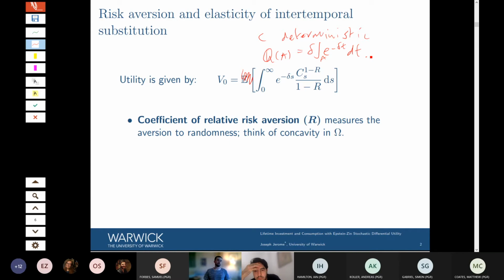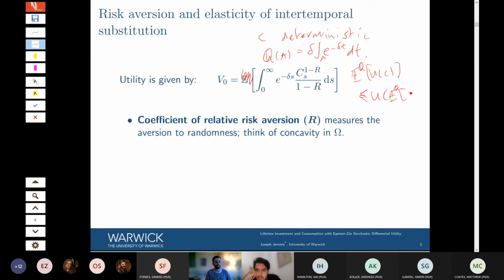This is going to define a probability measure because it's normalized to 1. And because of Jensen's inequality, we can also say that the expected value with respect to Q of U of C, so C is deterministic, and you can think of the sample space as just being your t, is going to be less than or equal to the utility of the expected value under Q.